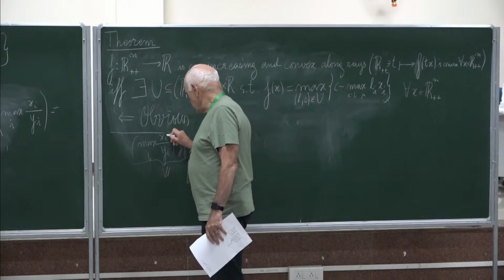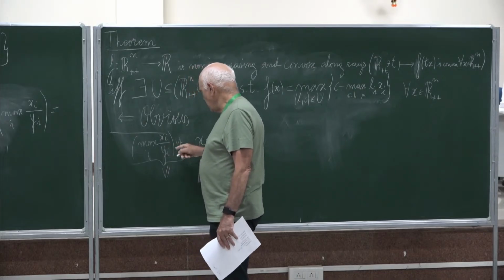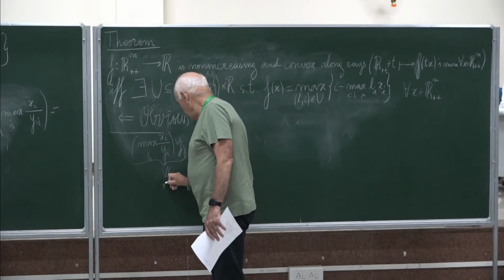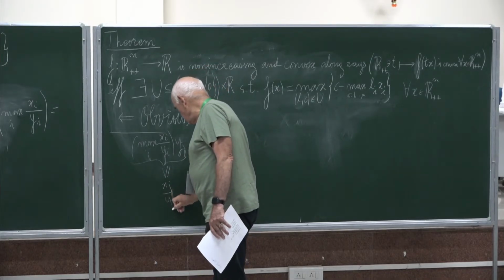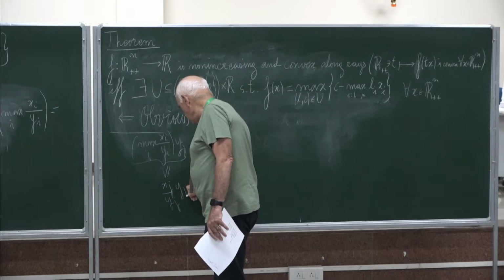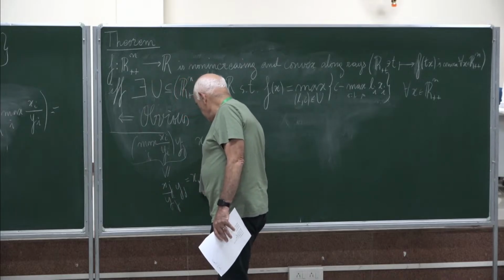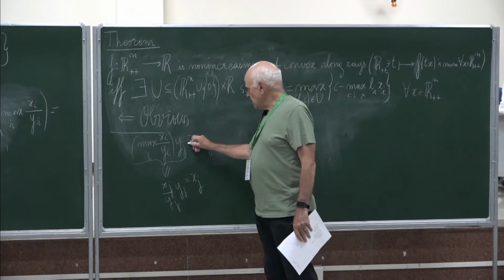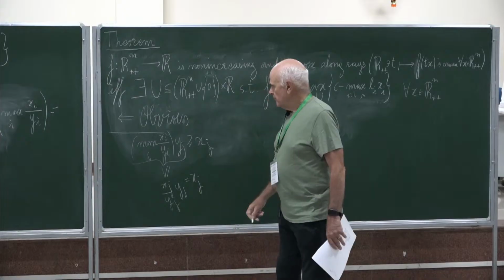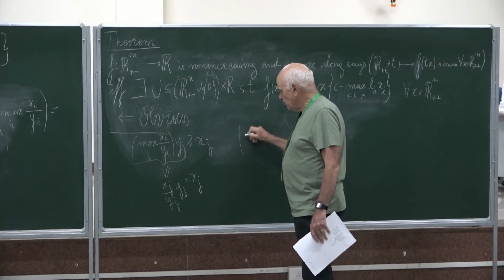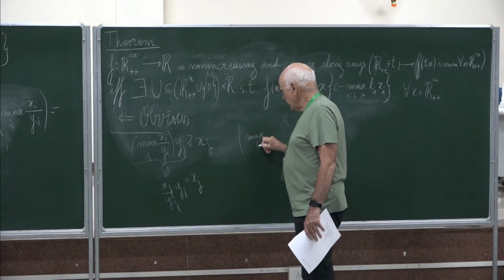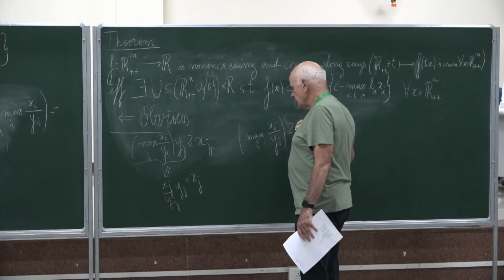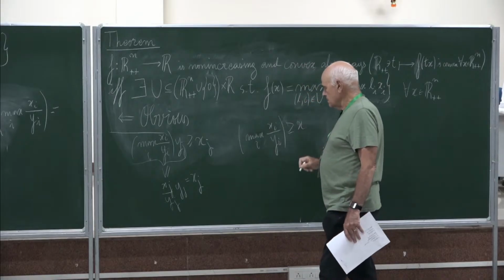This, because this is the maximum and everything is non-negative, is greater than or equal to xj over yj times yj, which is xj. So the comparison is component-wise: this vector is greater than or equal to x.